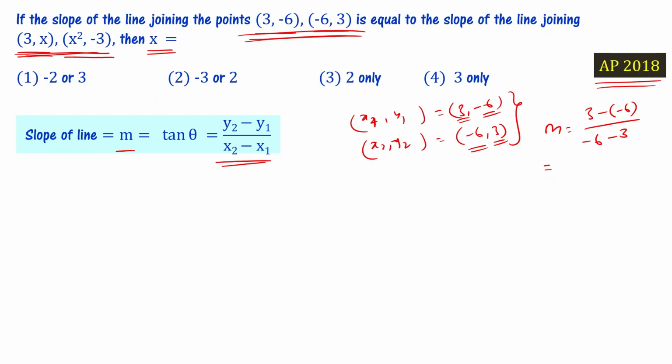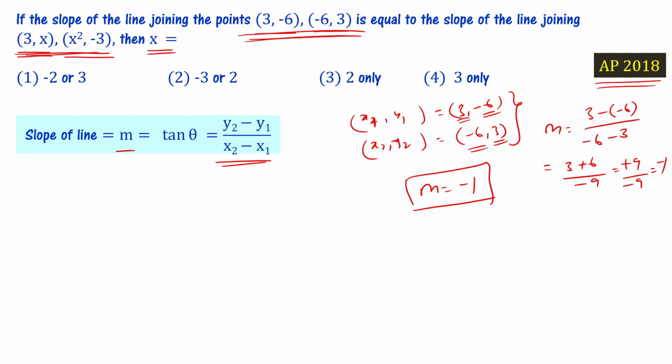This can be written as 3 plus 6 divided by -9, that is 9 divided by -9, which equals -1. So the slope of the line m equals -1.